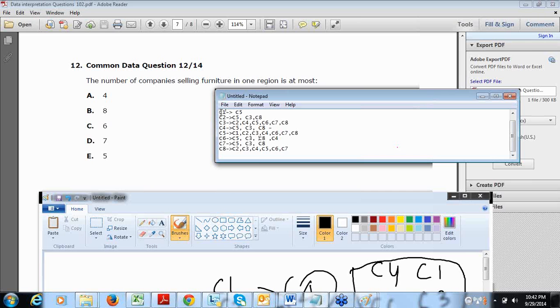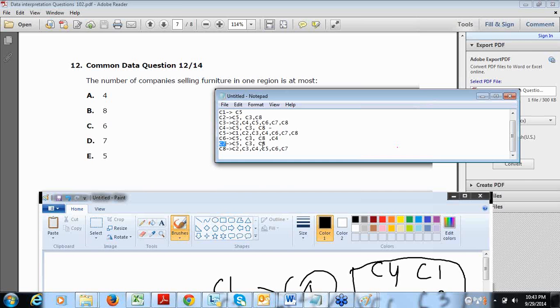If we consider a region which has C1, C2 or C7 as a company, C1 will have one competitor, C2 will have three competitors, and C7 will have three competitors.